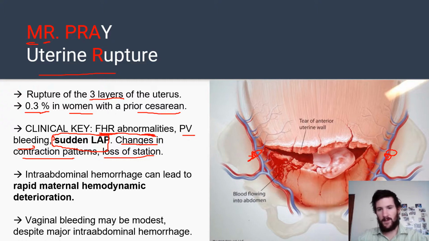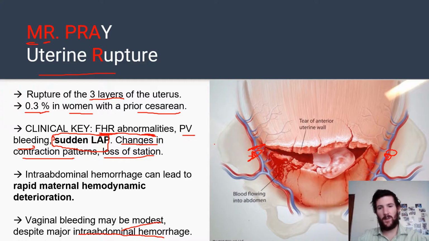So if here we have a rupture, in 5 minutes the mother can lose all the volemia inside the peritoneum cavity, so she can bleed a lot from the inside, and you will not see any bleeding, or the vaginal bleeding can be modest. But the major intra-abdominal hemorrhage can be so big that she can be in shock in only 5 minutes. So it's very important that you need to suspect this.